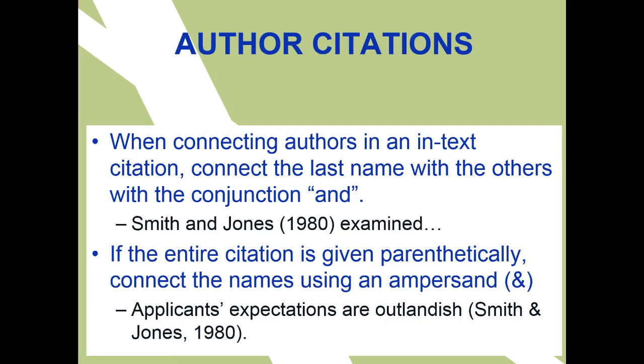So, this is what I just said, so let me just reinforce that. Smith and Jones when we're writing. Sorry about that. And clearly, if we're citing them parenthetically, it would be Smith ampersand Jones. It's one of the most common mistakes that students make: they write Smith and A-N-D Jones within parentheses, or sometimes even when they're writing with the author's names as part of the narrative, they'll use the ampersand where they should be using the and.